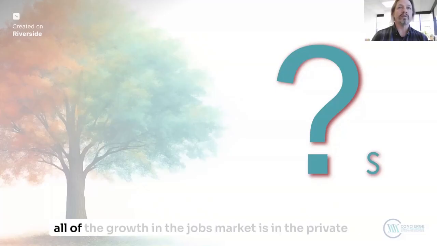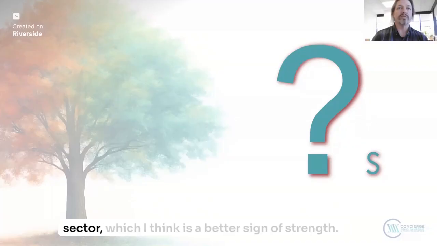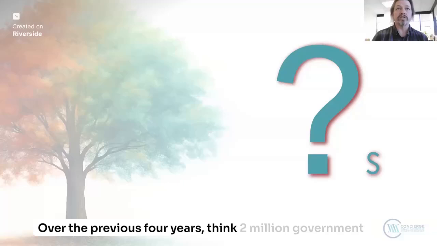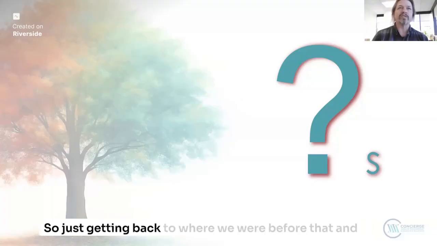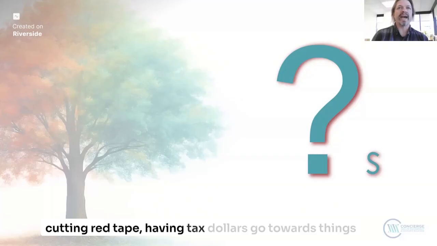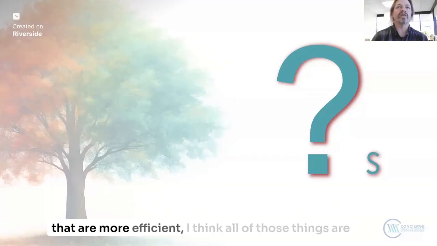So all of the growth in the jobs market is in the private sector, which I think is a better sign of strength. Over the previous 4 years, I think 2 million government jobs were added, some number like that. So just getting back to where we were before that and cutting red tape, having tax dollars go towards things that are more efficient, I think all of those things are helpful.